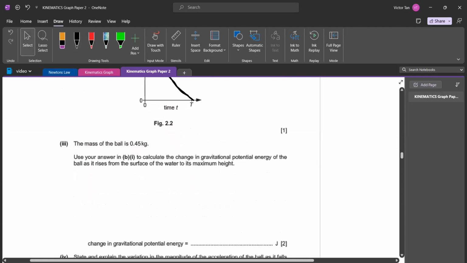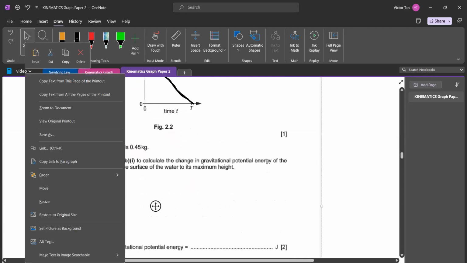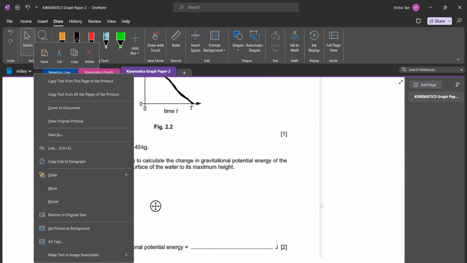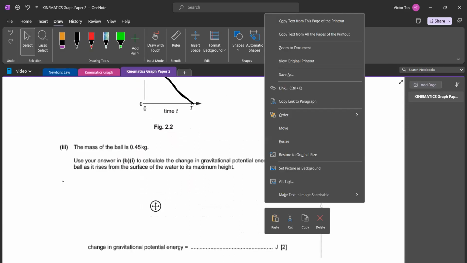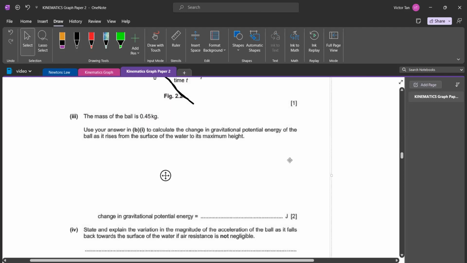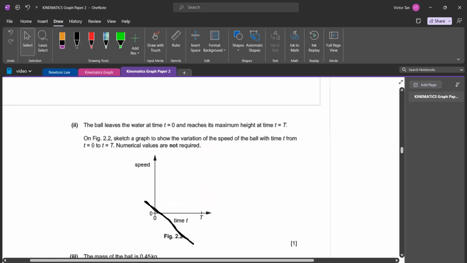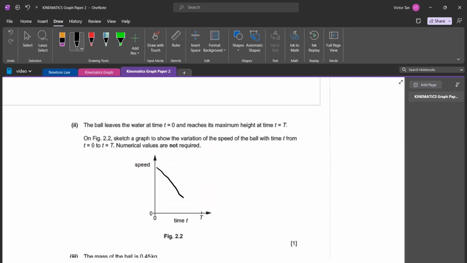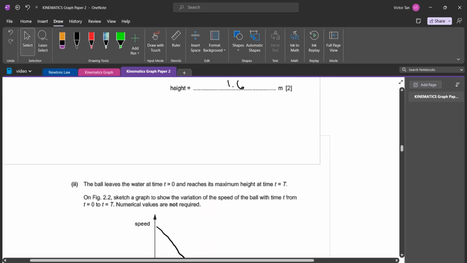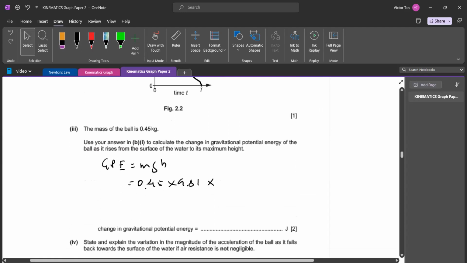The mass of the ball is 0.45 kilogram. Use your answer in B1 to calculate the change in gravitational potential energy of the ball as it rises from the surface of the water to its maximum height. So GPE equals mgh, equals 0.45 times 9.81 times, they ask you to use the answer in B1, okay, it's 1.6.